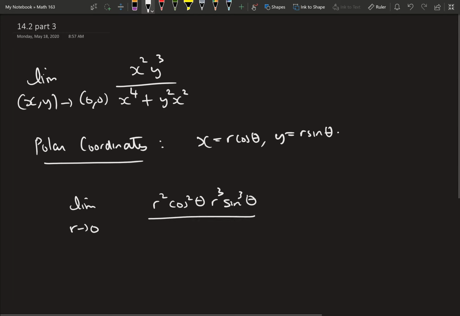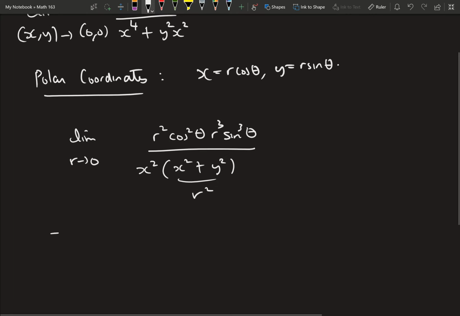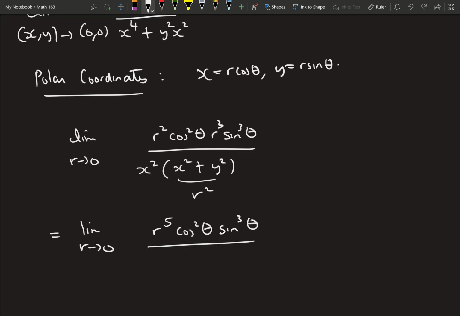And on the bottom here, notice we can factor out an x squared. So before I plug in, let me actually do the factorization so that this part is just r squared. And so what we're left with is r to the 5th cosine squared sine cubed divided by r to the 4th cosine squared theta.